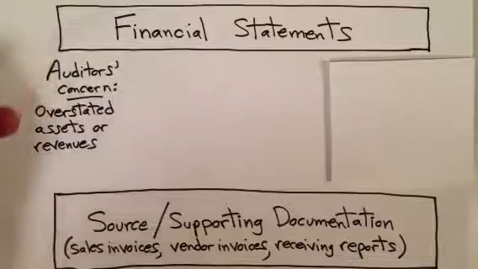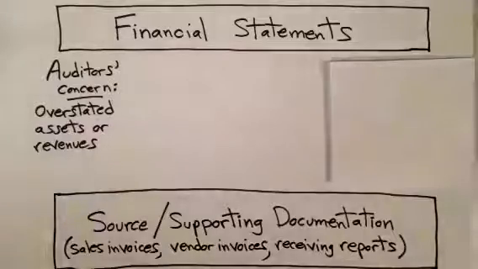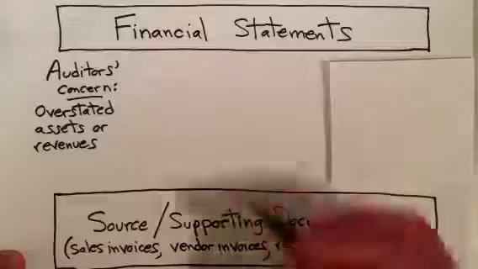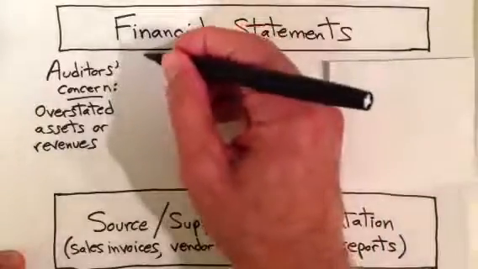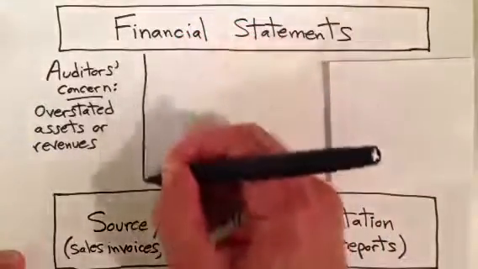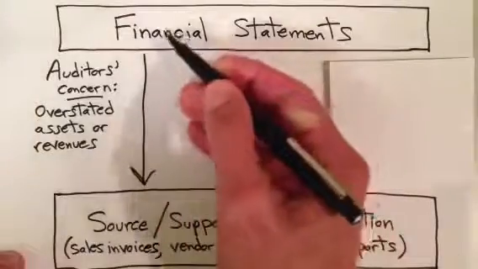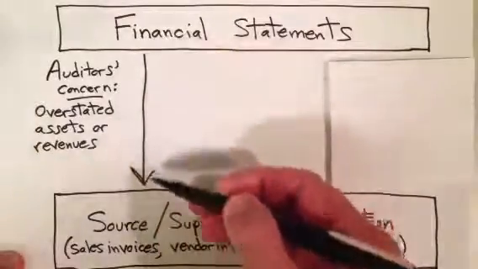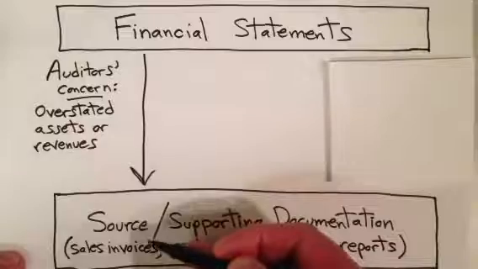Now, how do we test for this? The technique to test for this is known as vouching. And one way we can represent this is to say we will vouch down from the financial statements down to the source or supporting documents.